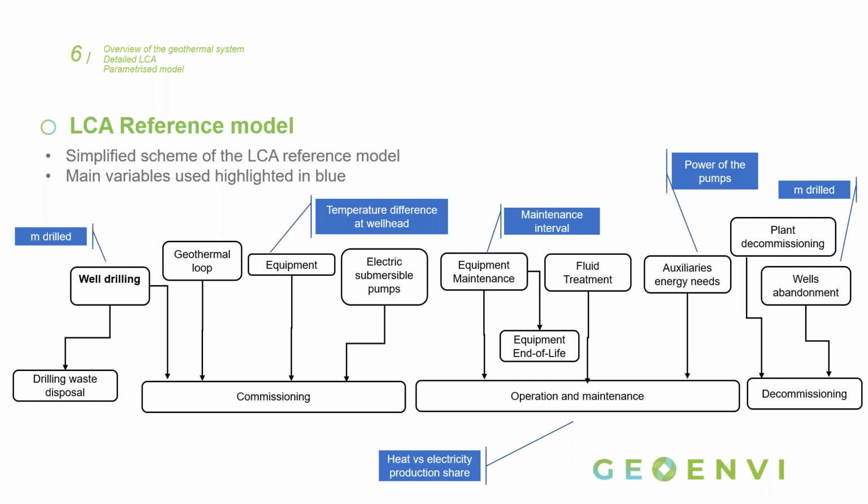So then going through the operation and maintenance phase, it is characterized by the possibility to share the production between heat and electricity. So the electricity, for example, can be used for self-consumption or put into the network. So this is a quite complex task to address in a simplified model. And also the power of the pumps is a key parameter that needs to be explained.